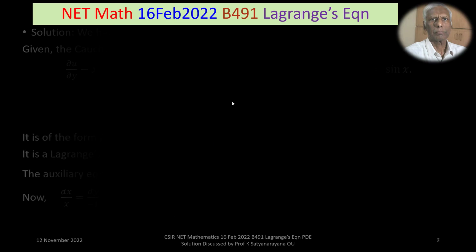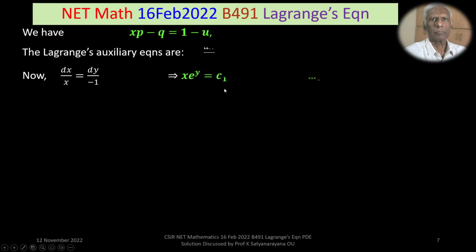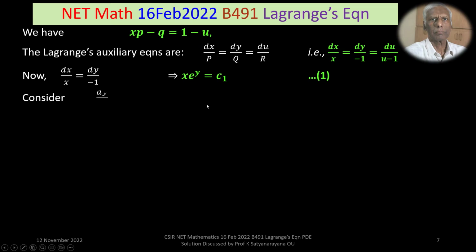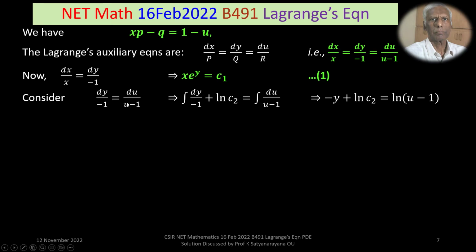We continue in the next slide. That's what we have done so far. A solution is x e power y is equal to c1 for the given first order linear partial differential equation. Let's now take the second and third ratios. That is dy by minus 1 is equal to du by u minus 1, and integrating, integral of dy by minus 1 plus ln c2 is equal to integral of du by u minus 1.